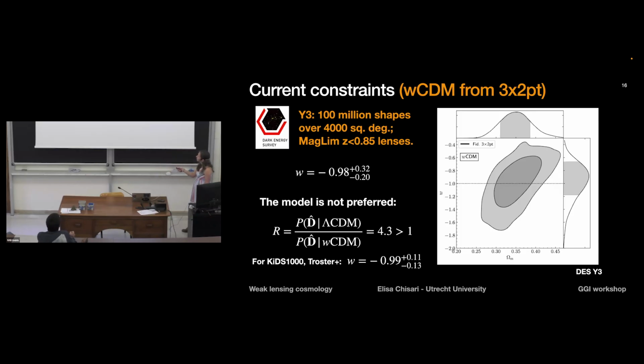Is this model preferred compared to lambda CDM? The answer is no, and the same thing happens for 3x2pt combinations for the KiDS-1000 data. In that case, it was not preferred either, and the constraint was very close to -1. We don't yet have this for KiDS legacy, so stay tuned because more stuff is coming out at some point.